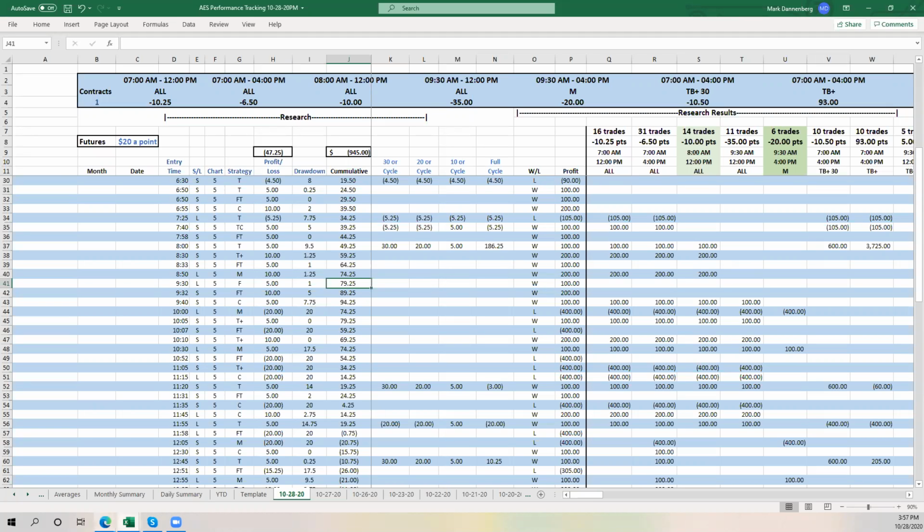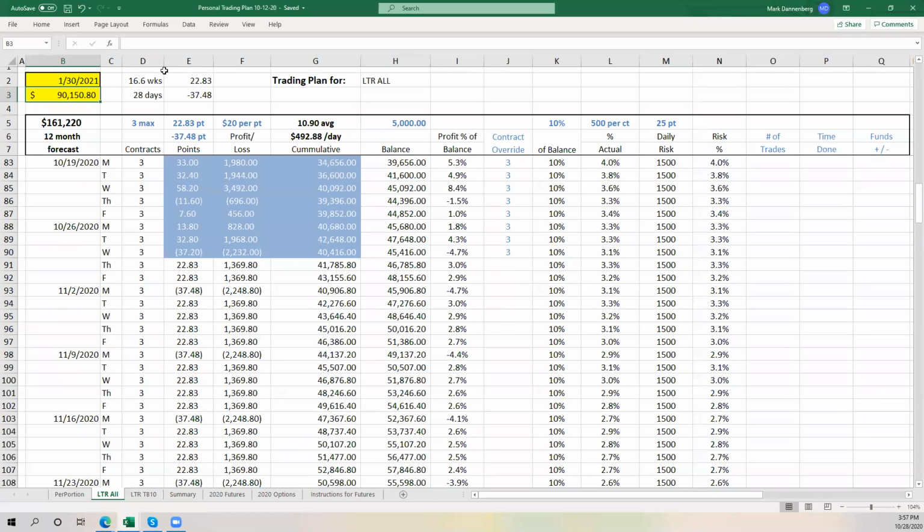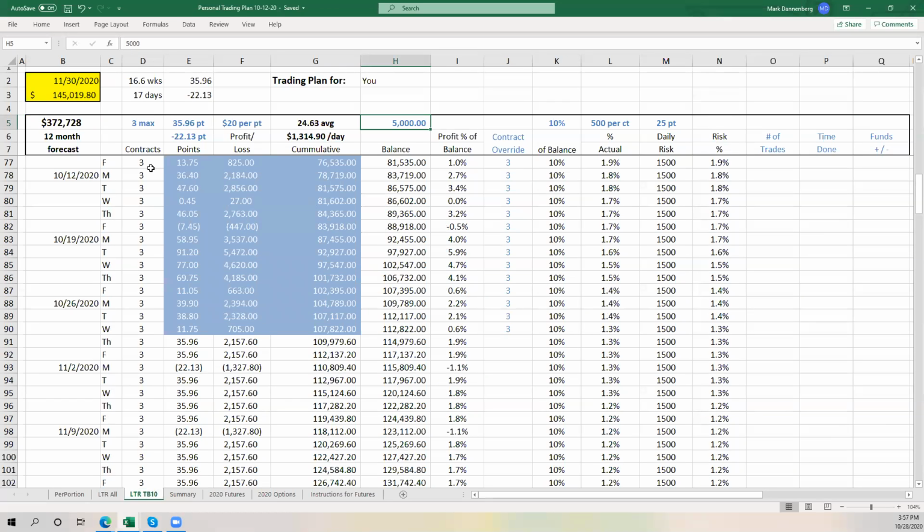And if I go back to the personal trading plan, just looking at the 2 categories that we're tracking, we need 22.83, so let's just call it 23 points positive in order to stay on pace to make $161,000, having started with $5,000. That's if I'm trading 9:30 to noon. If I'm starting at 7, I need 36 points in order to stay on pace to earn $372,000, having started with $5,000.